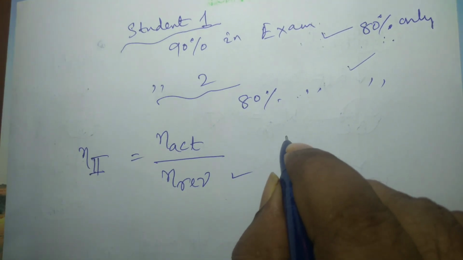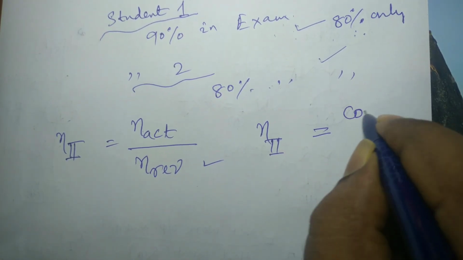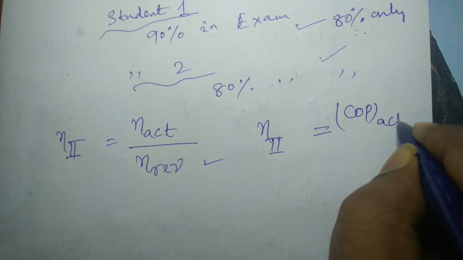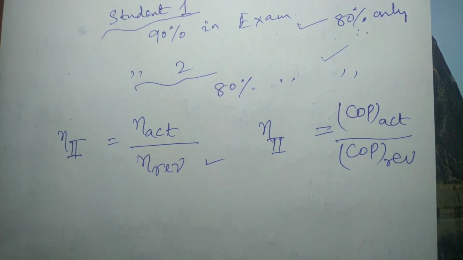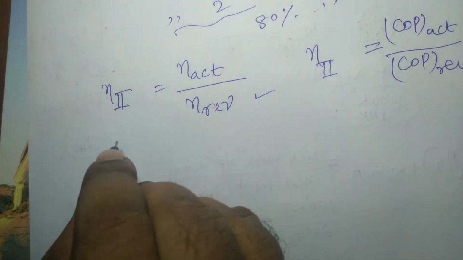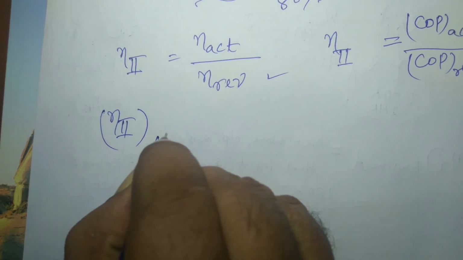Similarly, second law efficiency for a work consuming device will be the COP of the actual work consuming device divided by the COP of the reversible device.